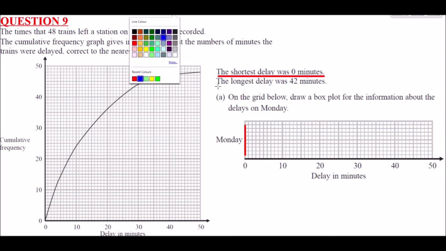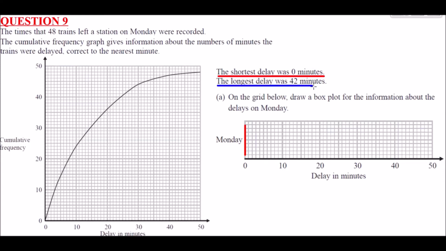As well as that, another vertical line we draw is for the biggest value, in this case the longest delay. We're told that's 42 minutes, so we go to 42 and draw a vertical bar at 42. As well as that, we need to work out the median and the quartiles. So there's 48 trains in total. That's our clue, really. 48 trains.